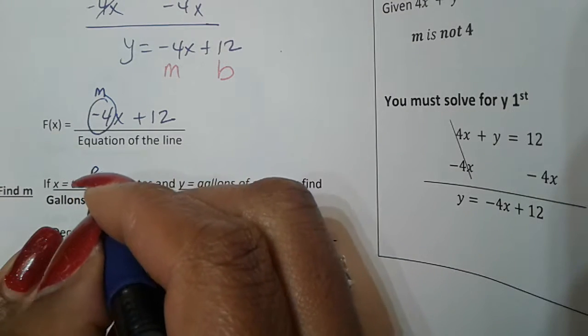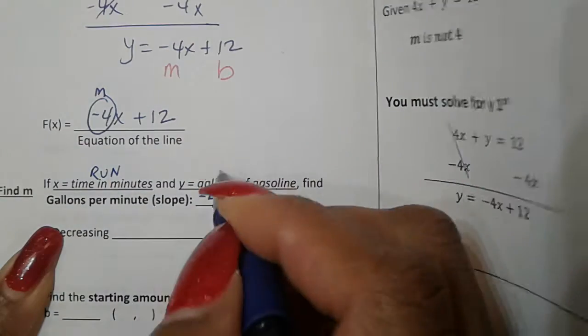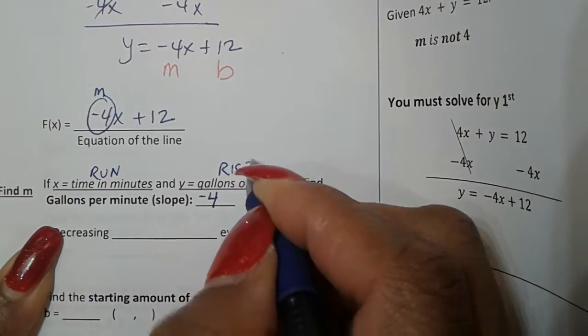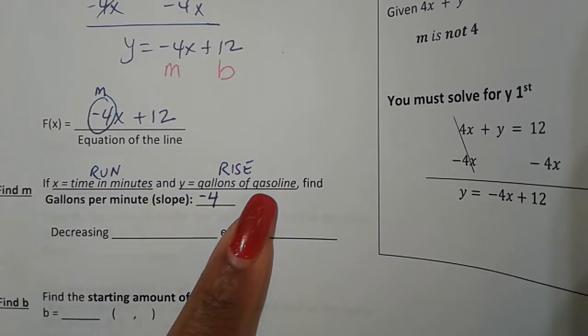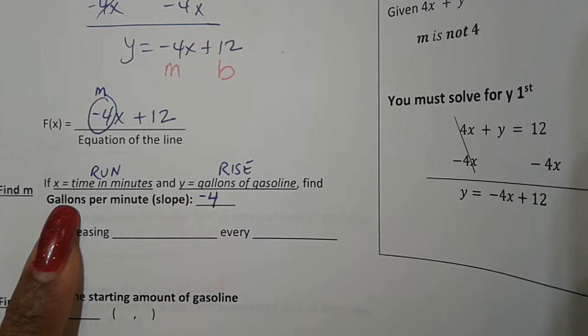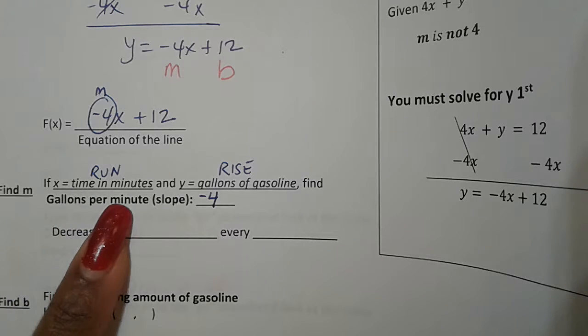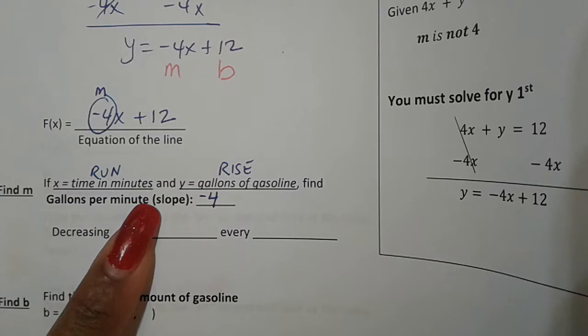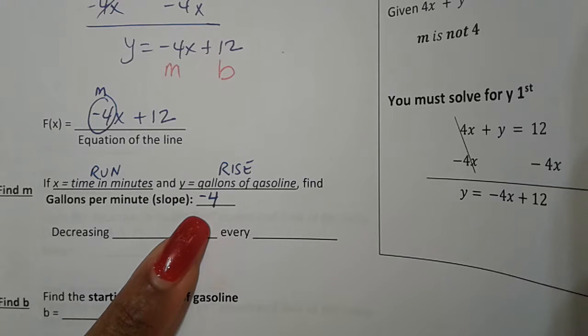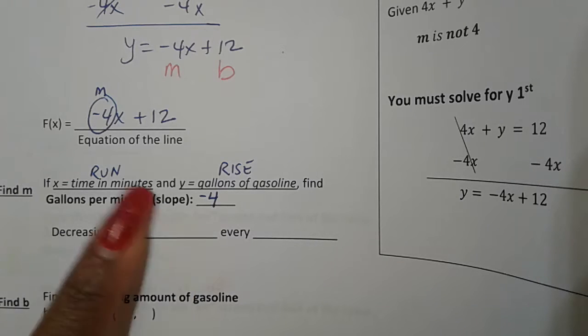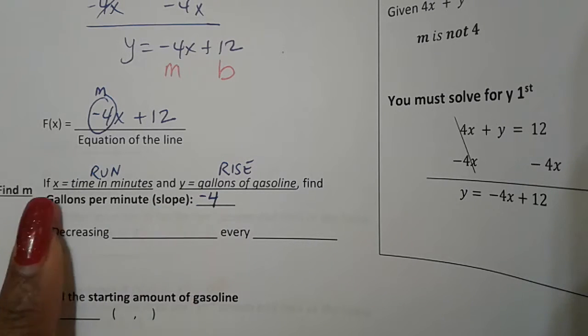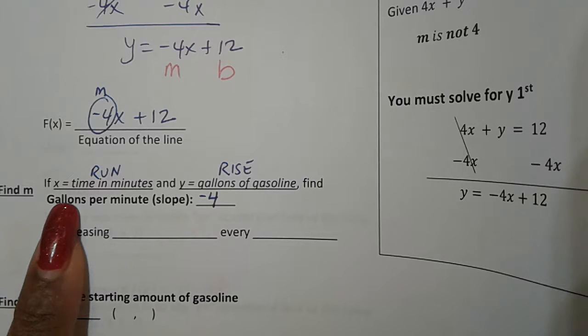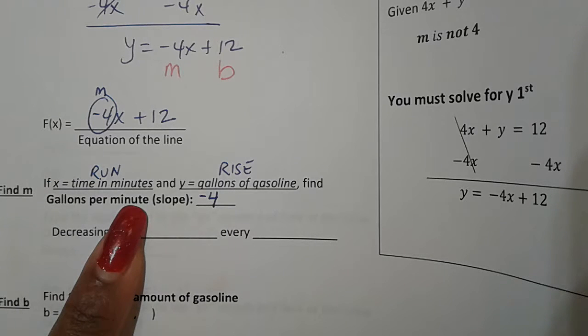If my run is time and my rise is gasoline, I am rising and running gallons and minutes. So -4 really represents, if this was the situation, the number of gallons that are decreasing per minute.